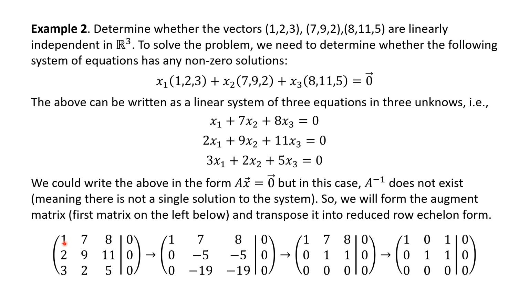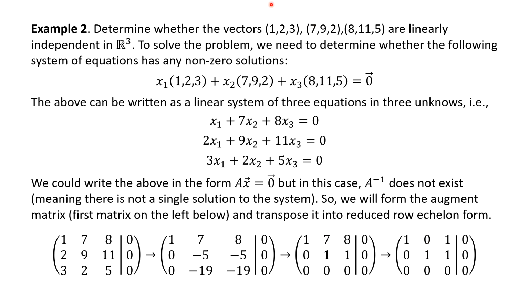So we take twice the first row from the second, 3 times the first row from the third, and we get this. We can divide the second row by 5 and get 1, 1, 0. And then you can take 19 times this and add it to this row here, and it eliminates this row. And then you can subtract 7 times the second row from the first, and you get this form here.